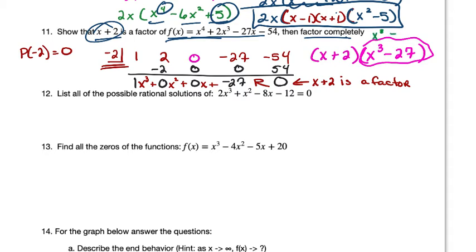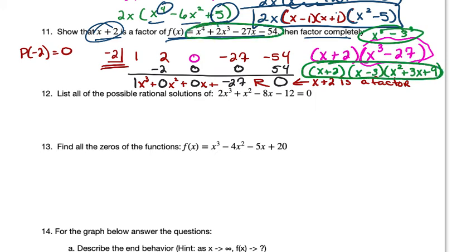X cubed minus 3 cubed, so my a is x. So there's my x plus 2, that's this guy. Then here I go, a minus b, x minus 3, a squared, x squared, plus ab, 3 times x, plus b squared, 9. So there's the complete factorization of that original polynomial.